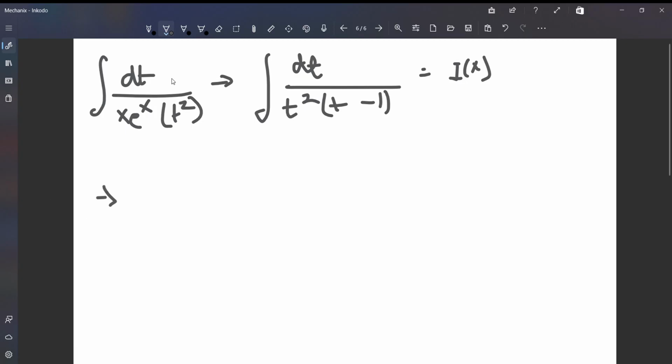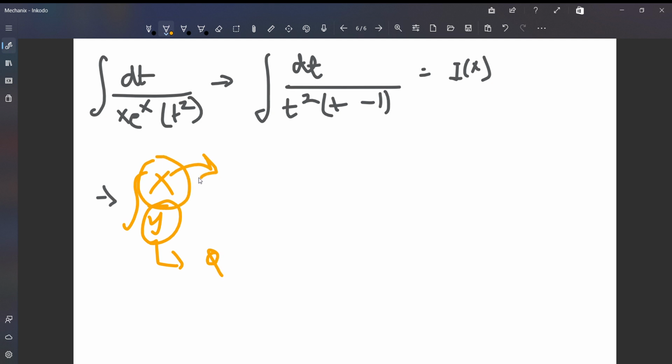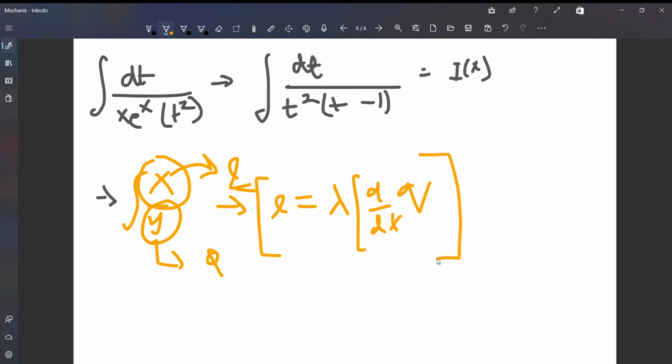There is a common rule that whenever we have a term like integral x by y, where y is often a quadratic and x is a linear term, we can write the linear term L, where L is a linear term, equal to lambda, a constant, times d by dx of q, that's the derivative of q, plus mu of q.